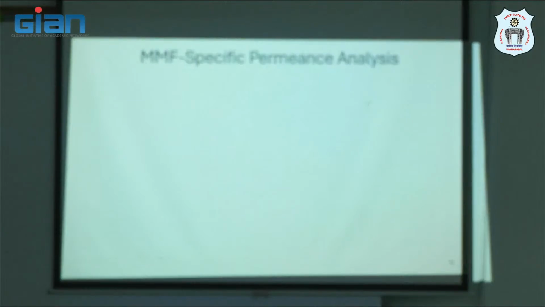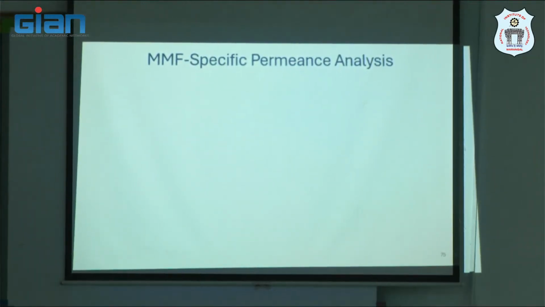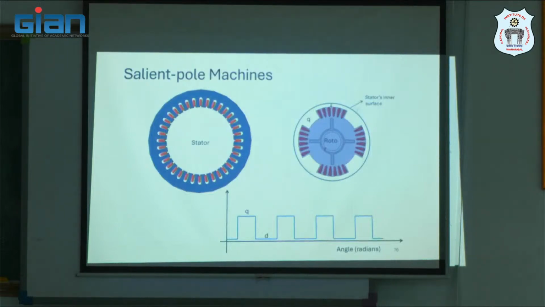So this is all fine for an induction motor, right? We started with a uniform air gap machine and everything. Now what is happening with electric vehicles is, inherently, if you take a high-speed electric vehicle motor, you will have interior permanent magnet machines, or you will have salient rotor structure.